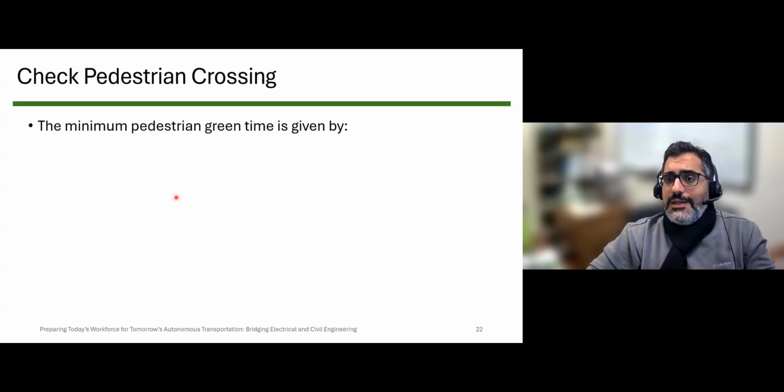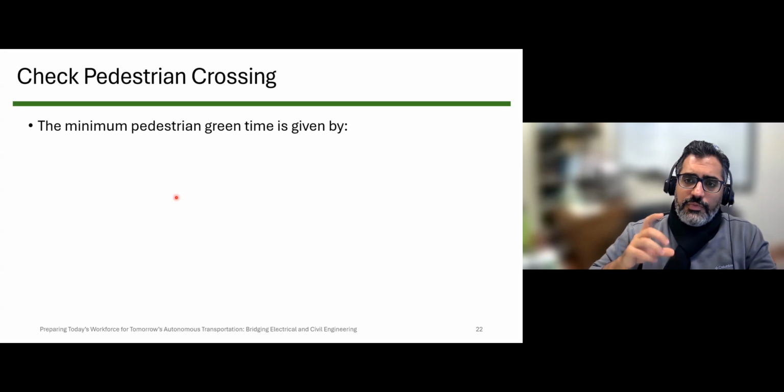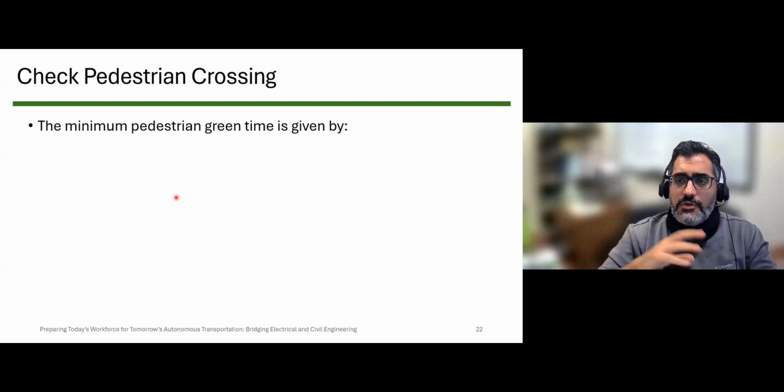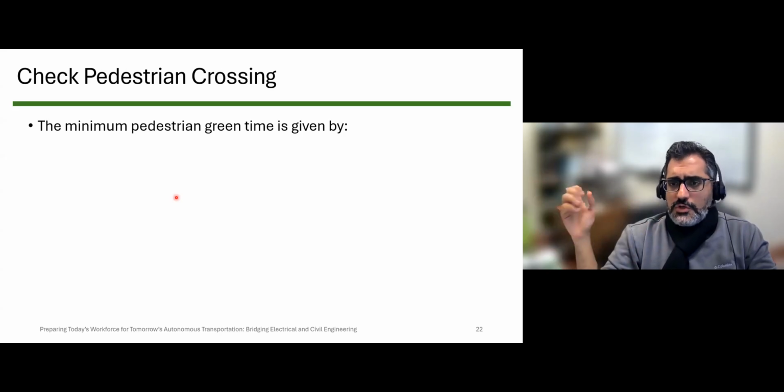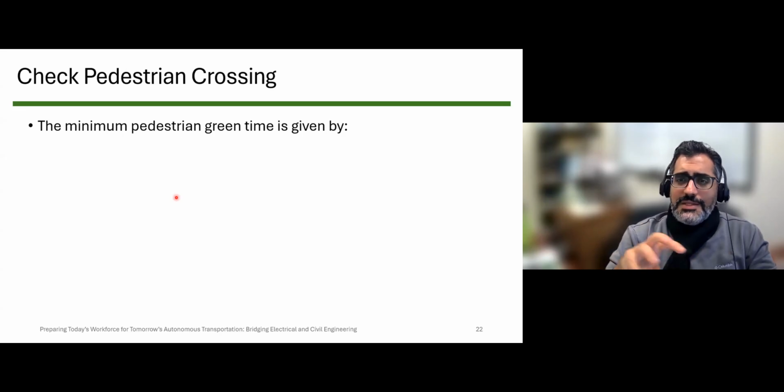Although vehicles don't need it, pedestrians need it. So how should I find that duration of green for pedestrians? Again, no national standards. There are different suggestions. Sometimes engineers make their own judgments based on the conditions of the intersections and based on the profile of pedestrians at that location.